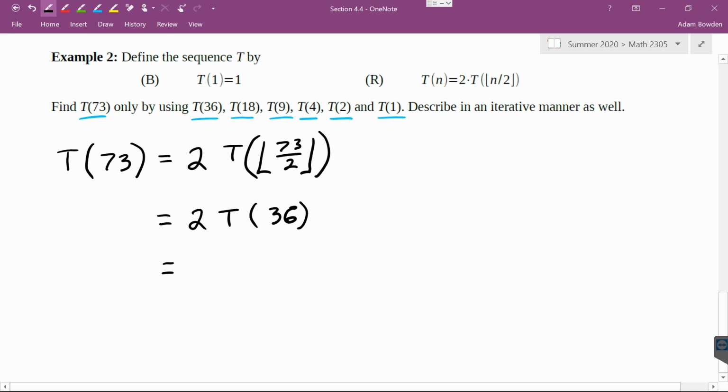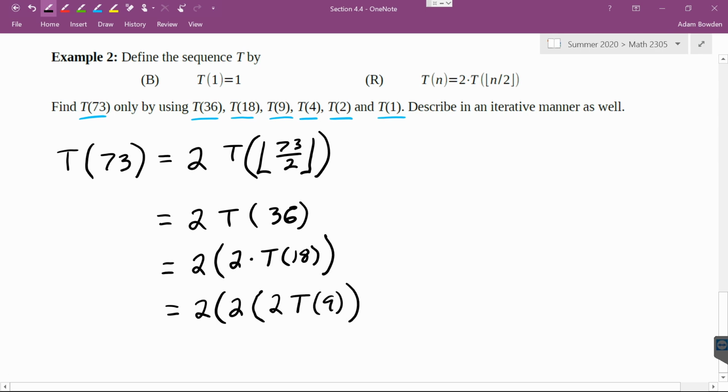Now I can expand that because t of 36 is 2 times t of the floor of 36 divided by 2, or 18. And so that can continue to be expanded out because t of 18 is 2 times t of 9, I should say. So t of 18 turns into this.